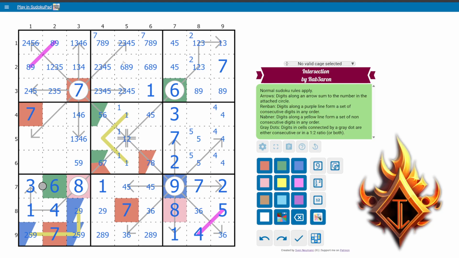So 6 is in here. 6 is one of those. No matter which one of them they are, 1 is in one of those, which puts 1 up here.